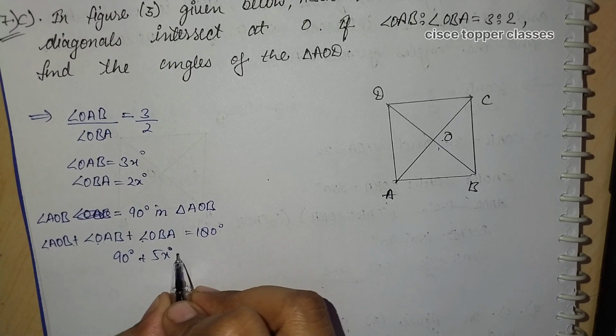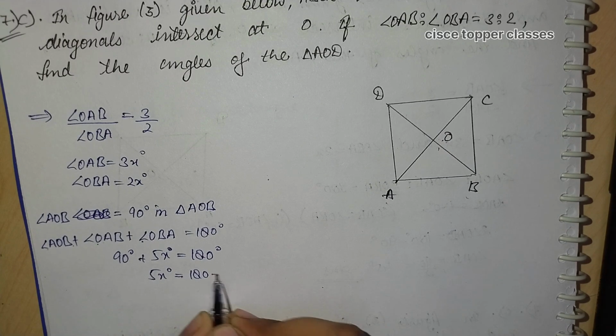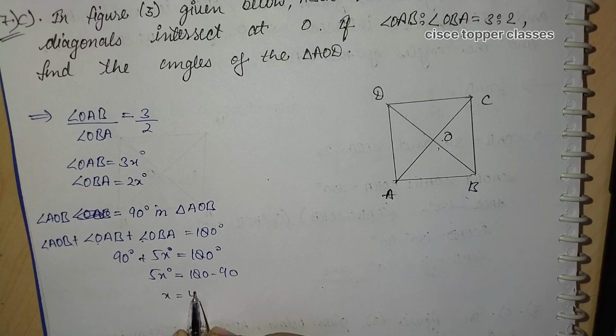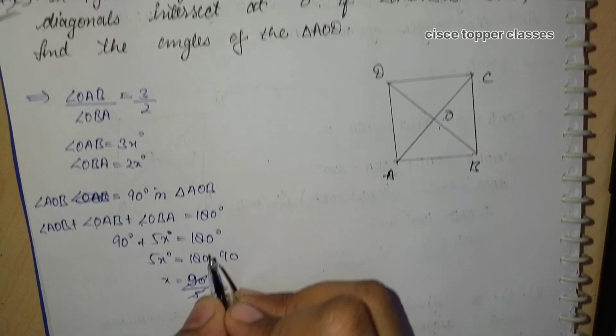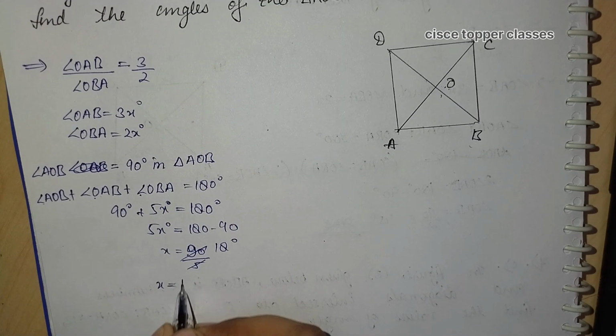We will add them and get 5x, equal to 180 degrees here. From that we can find the value of x: 180 degrees minus 90 is 90, divided by 5, and here we will get 18 degrees. So x is equal to 18 degrees.